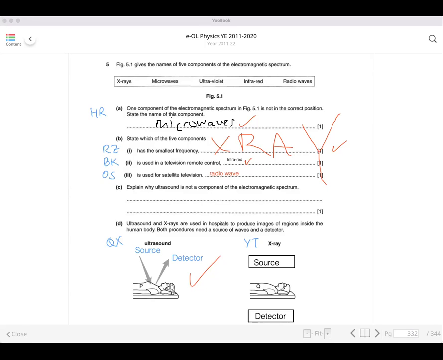For satellite TV, it is not radio wave. So who else can help Oscar? What should be the wave? For this question, your wave will actually go through your body.